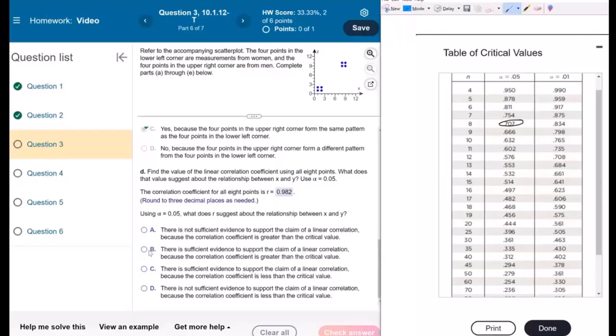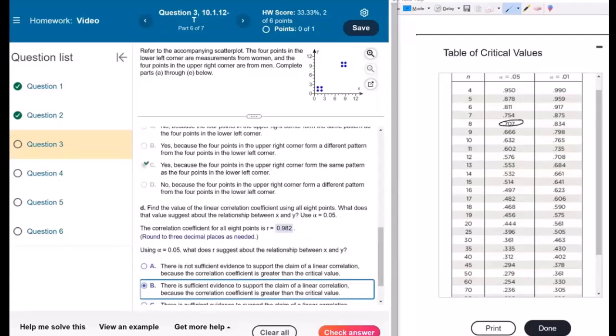That's true. Let me draw a picture for you. If we have our curve and the critical value is at 0.707 and our correlation coefficient is 0.982. Remember, everything to the right of this value is in the rejection region for our hypothesis test.